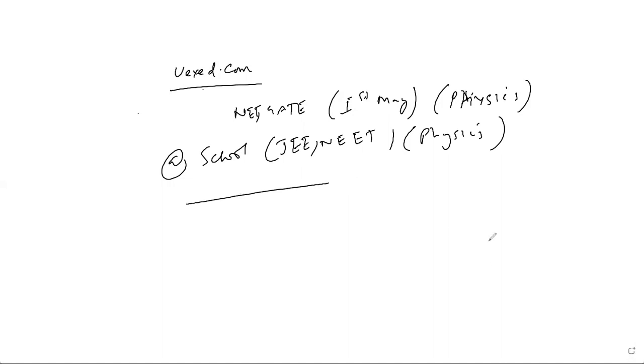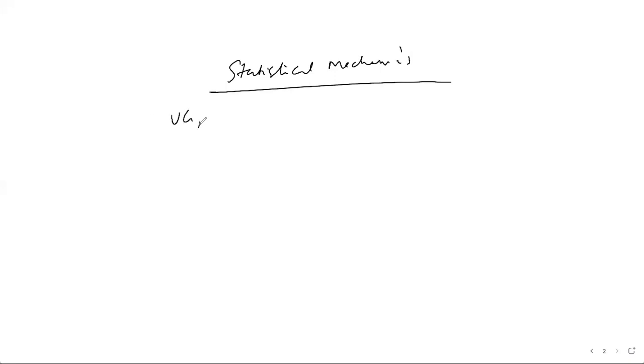Now let's look at what we are learning. We are learning statistical mechanics. This course is very much designed for a UG and PG kind of structure, where we are going to cover basic undergraduate stat mech and postgraduate stat mech.